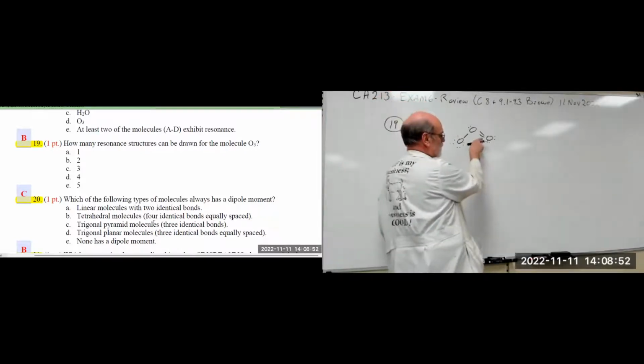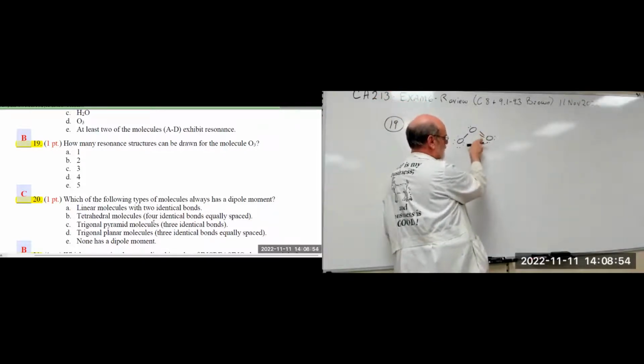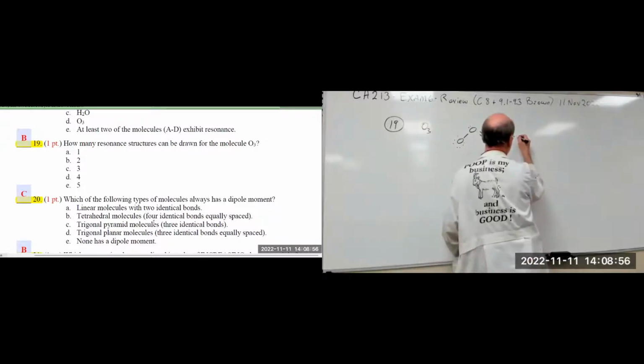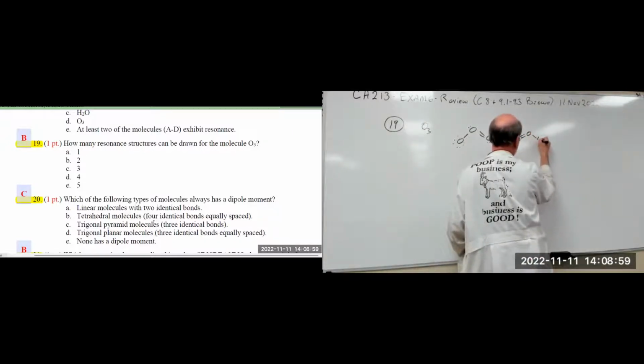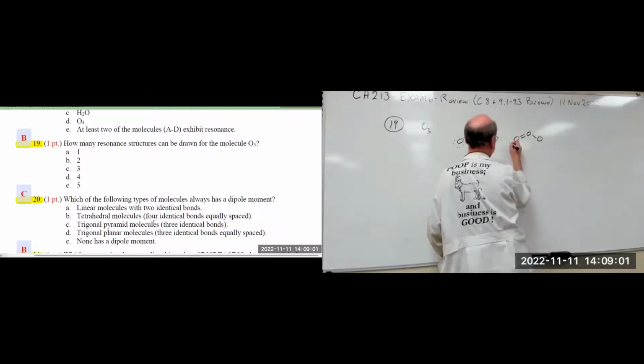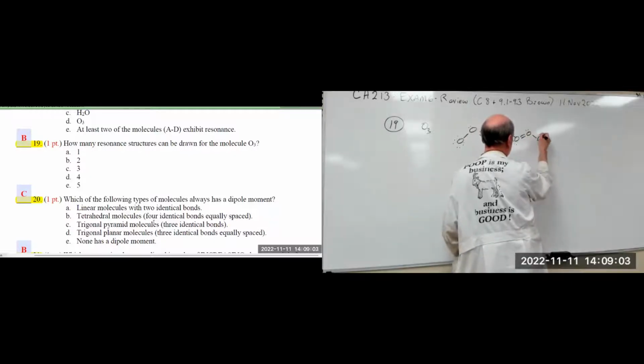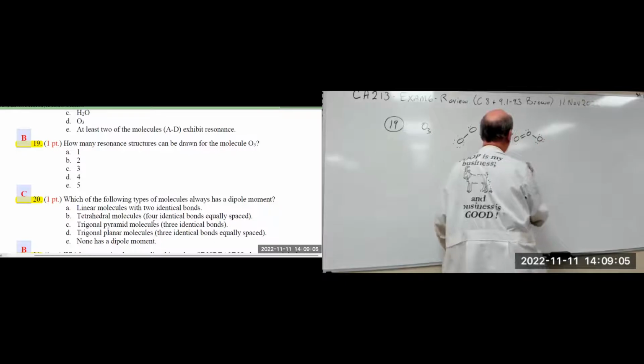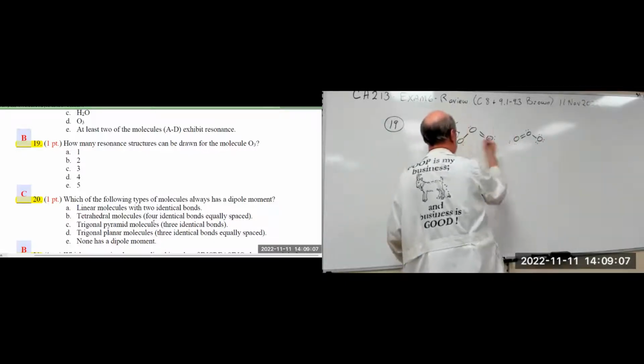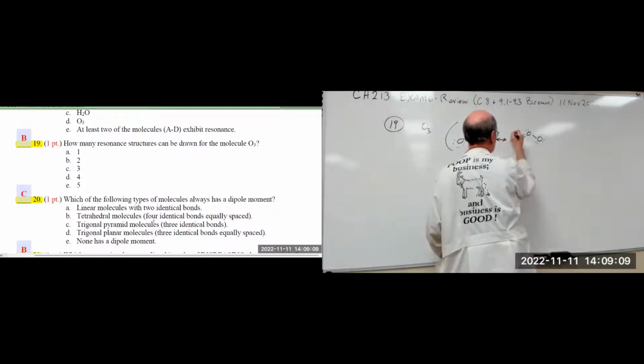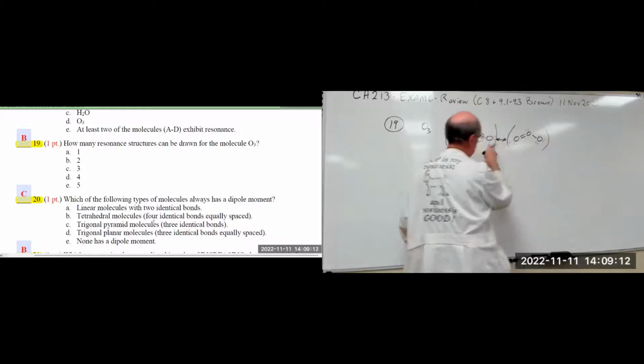But remember, we made a double bond on this side. We could make a double bond on the other side, like that. So resonance structures here would be like that.